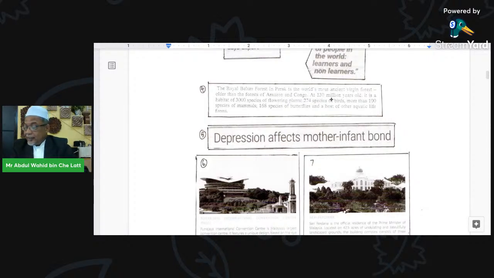At 130 million years old, it is a habitat of 3,000 species of flowering plants, 274 species of birds, more than 100 species of mammals, 168 species of butterflies, and a host of other aquatic life forms. Focus on the verb is in line 1 and is in line 2. They are stative verbs in simple present, and the whole extract is a fact.